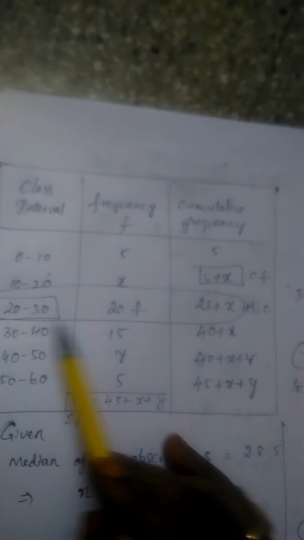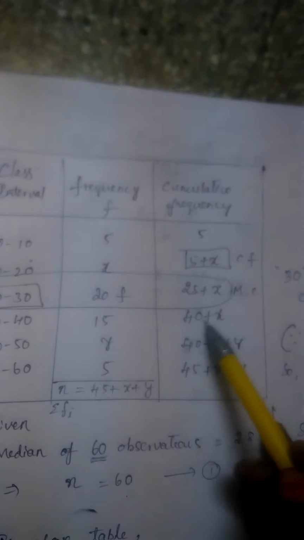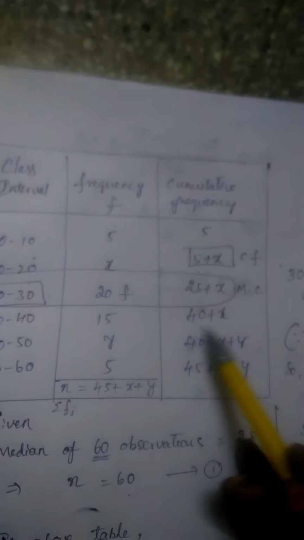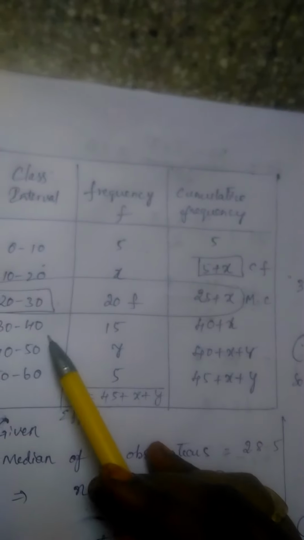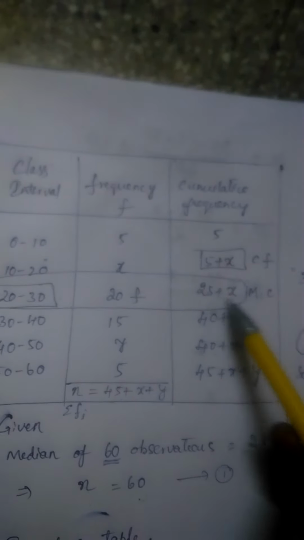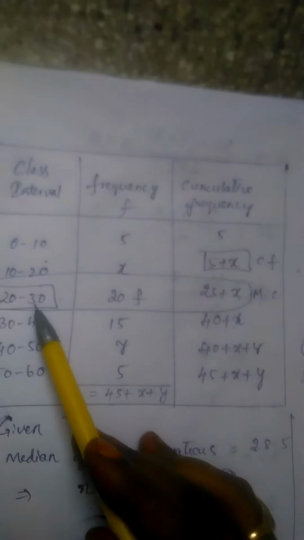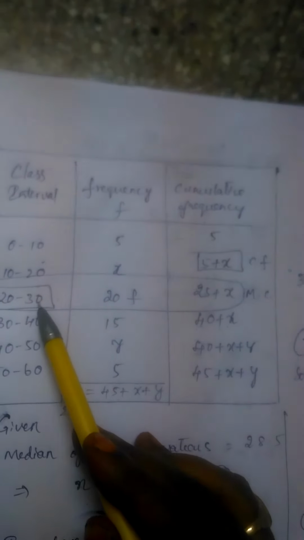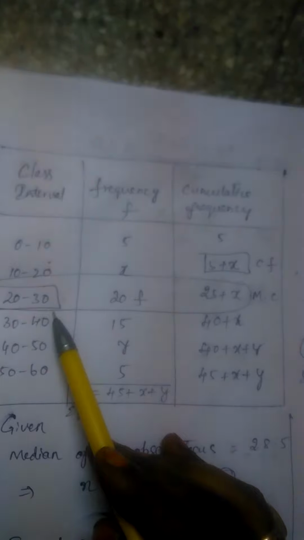Where is the 30? The 30 should be in this interval, because after that we have 40 plus x, that means above 40. The cumulative frequency up to 40 is 40 plus x. So 30 is in the interval 20 to 30. So the median class is 20 to 30.